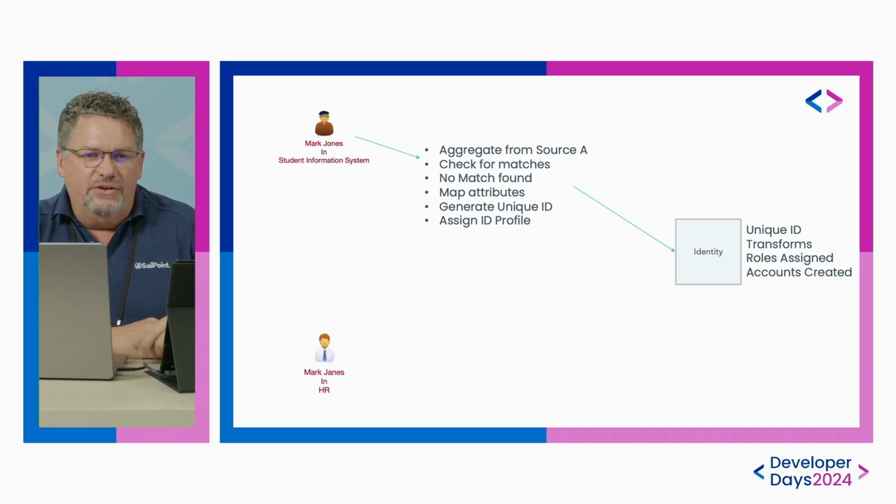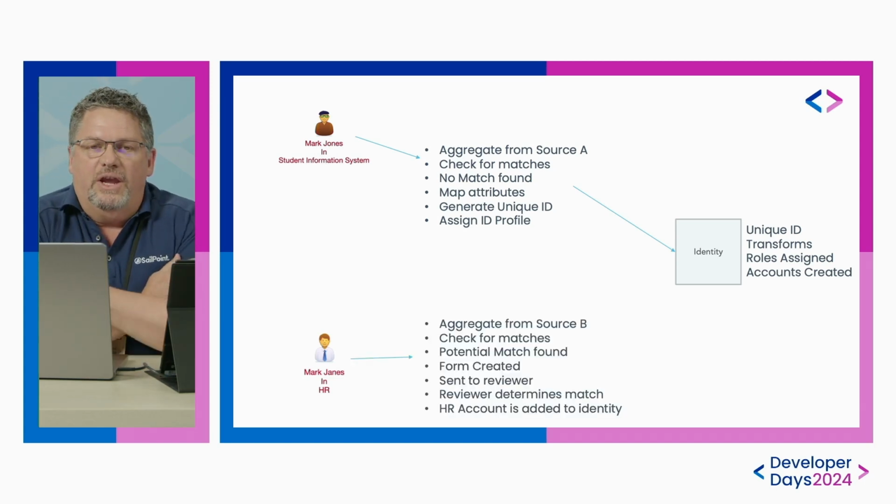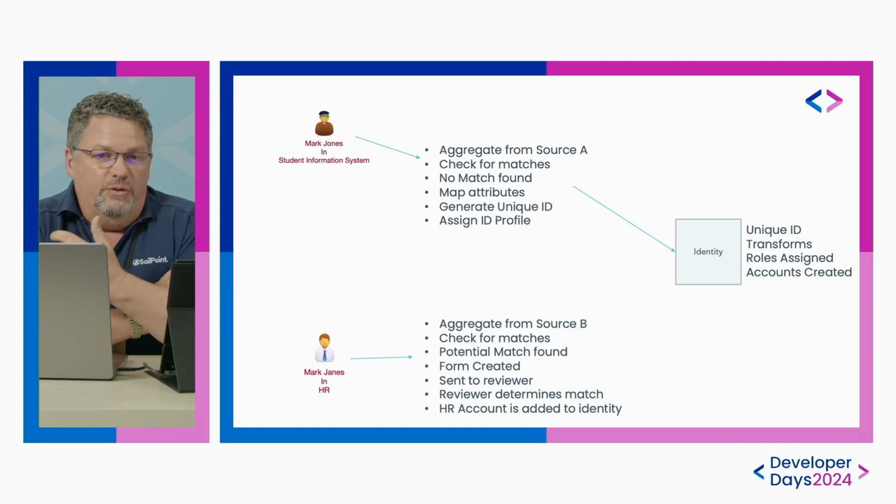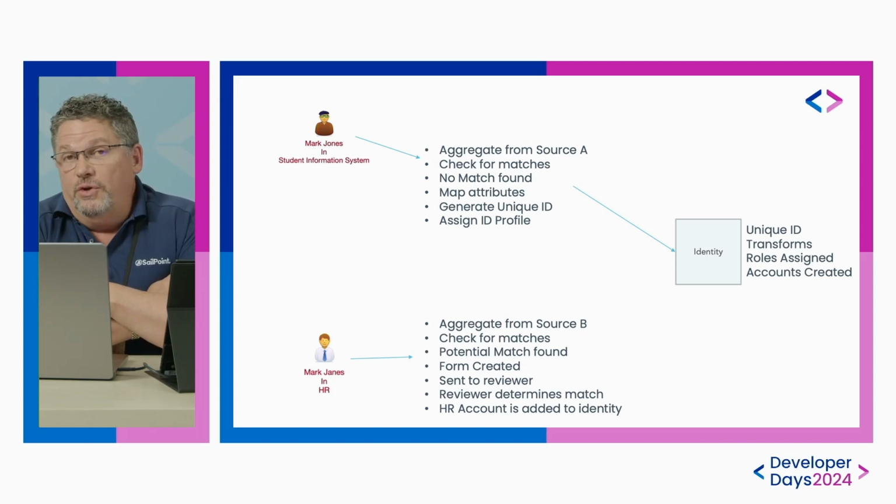So let's say another user comes in from the HR system, Mark Janes, right? It's close. So we look through there, we aggregate from this other source, and we say, hey, there is a potential match here. We found something that we think matches. So let's go have somebody review that. So we create a form and send that off to a reviewer. They have to go through, review, determine, hey, are these the same people? Are they not the same people? And make that decision.